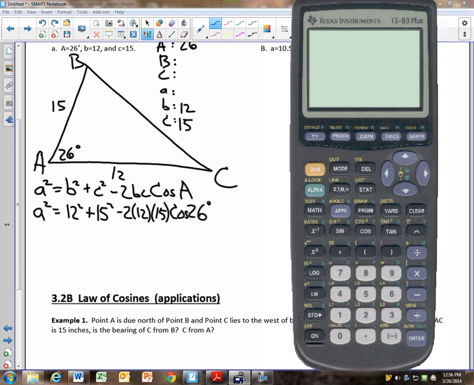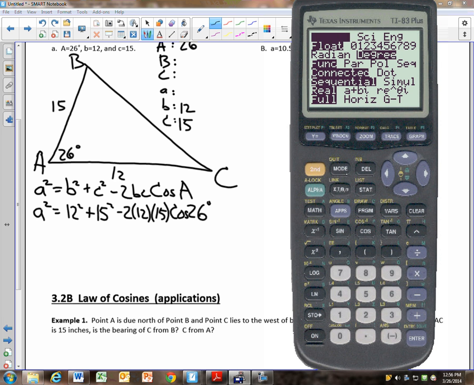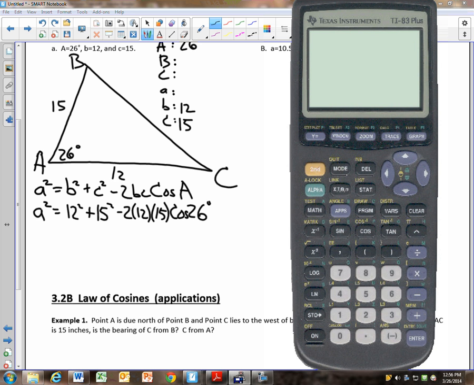They were ready to throw their calculator, and then they figured out what was going wrong. Make sure that you're working in degrees right now because, again, we have a triangle, and it says degrees. So I'm going to type it all in, 12 squared plus 15 squared minus 2 times 12 times 15 times the cosine of 26.